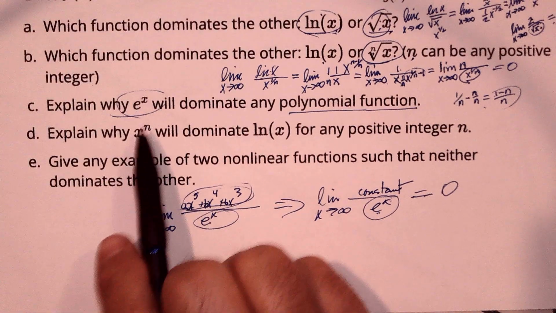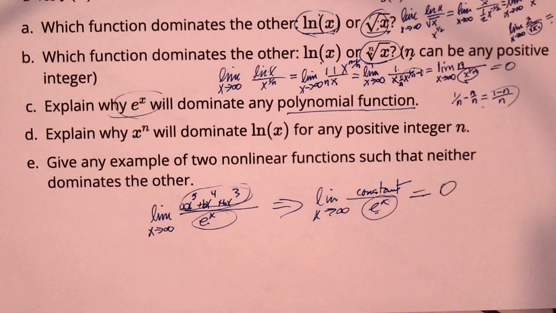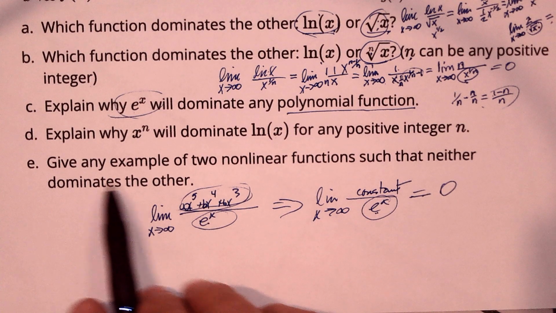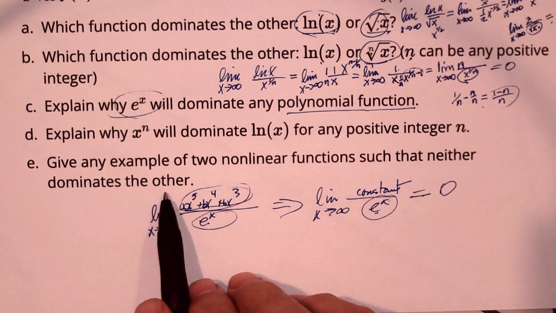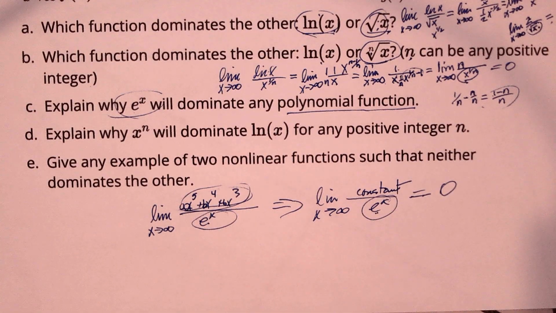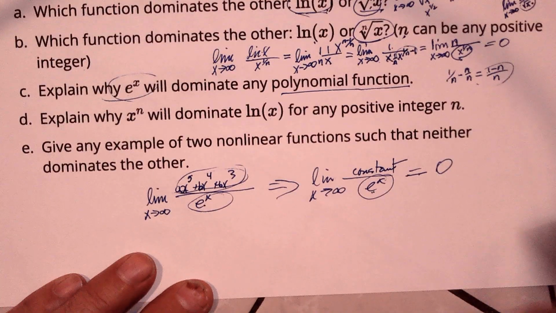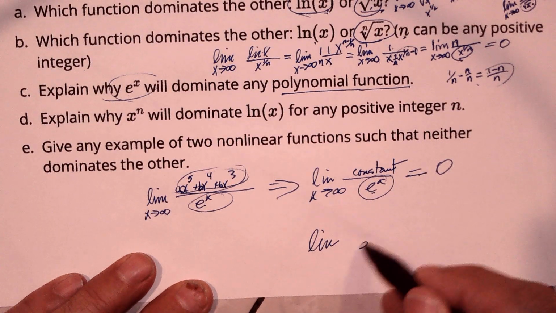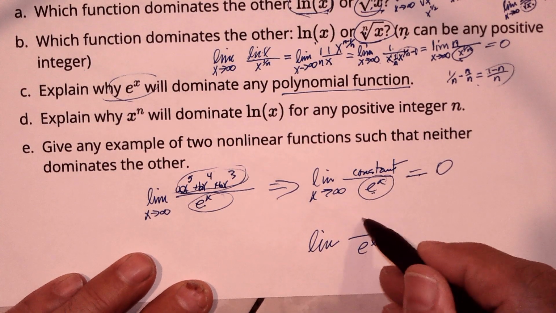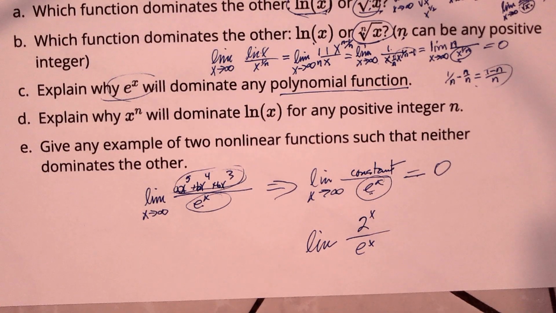And x to the n will dominate ln similarly. Now, given any two nonlinear functions, is there a pair such that neither dominates the other? Two nonlinear functions that don't dominate each other. How about if you do e to the x and 2 to the x?